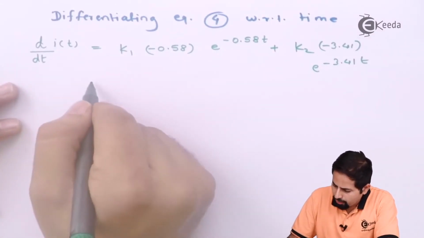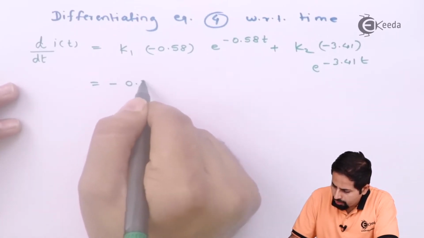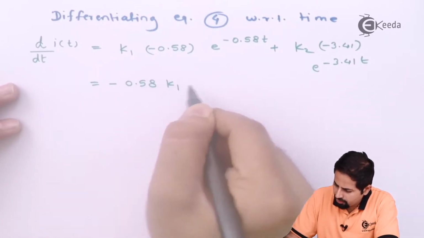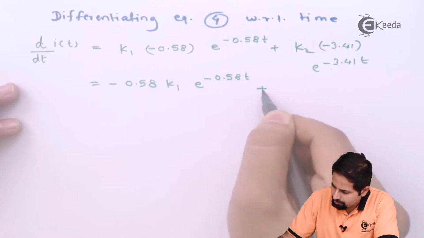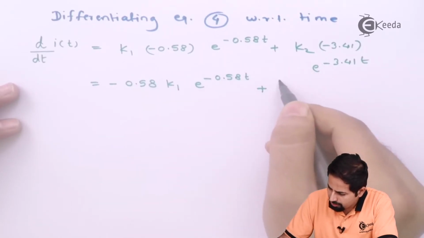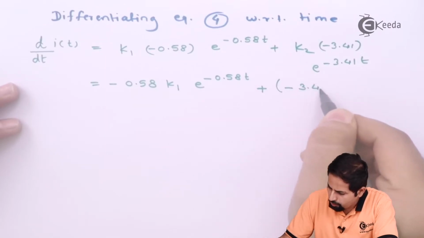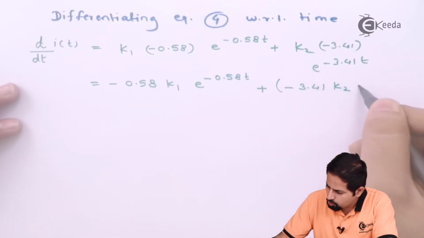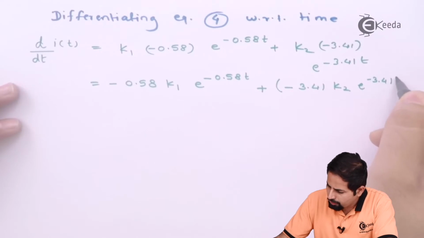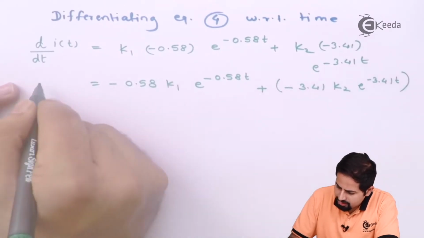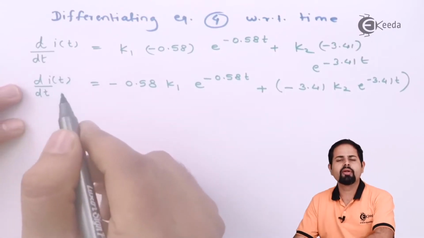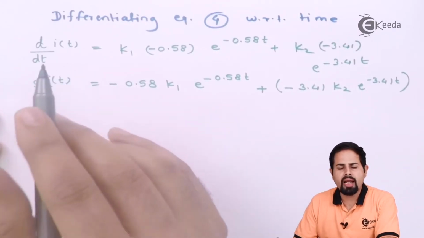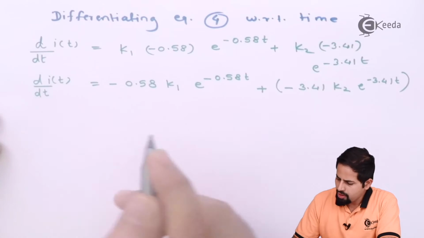Now I will write it properly. So minus 0.58 k1 e raised to minus 0.58 t, minus 3.41 k2 e raised to minus 3.41 t. This is now my di by dt. Now I will apply this equation at time t equal to 0 plus.